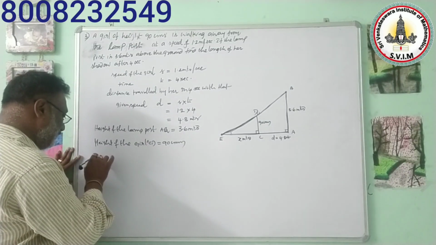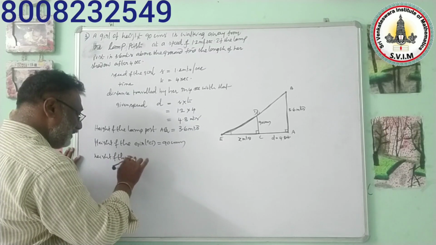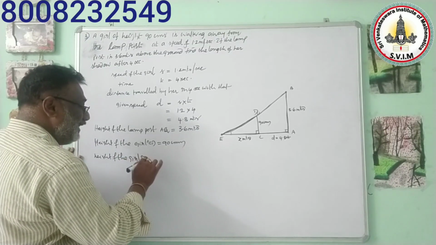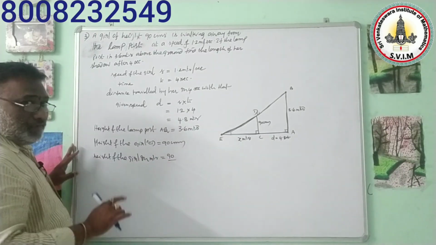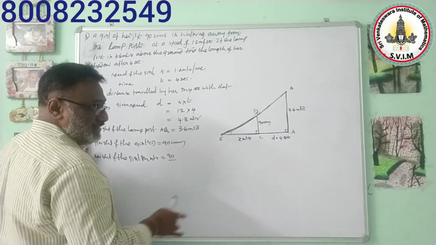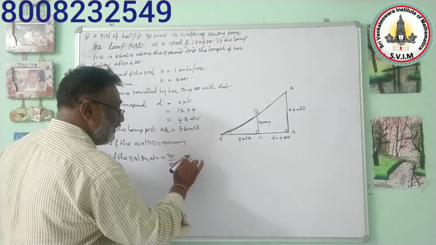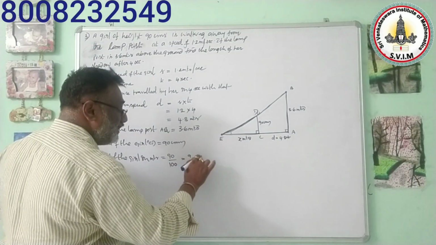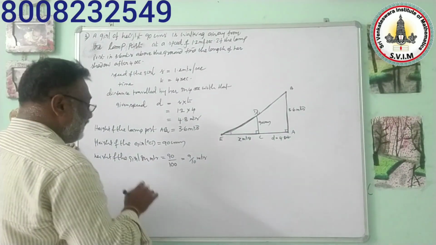So here, the height of the girl in meters: for 1 meter there are 100 centimeters, so if you divide the centimeters by 100, you get 9 by 10 meters. That's all.